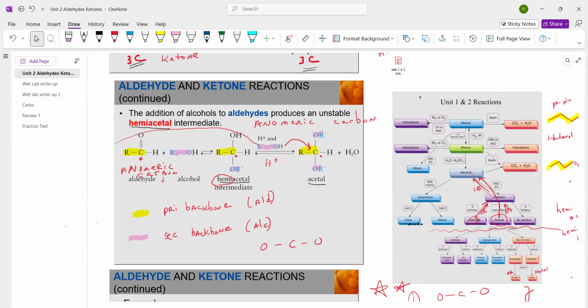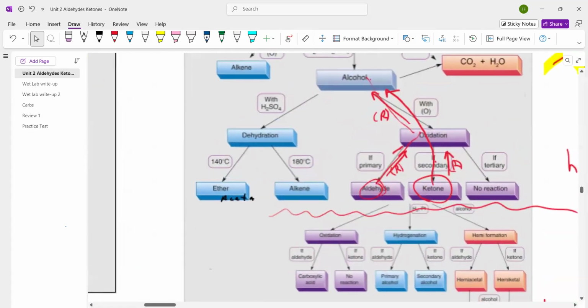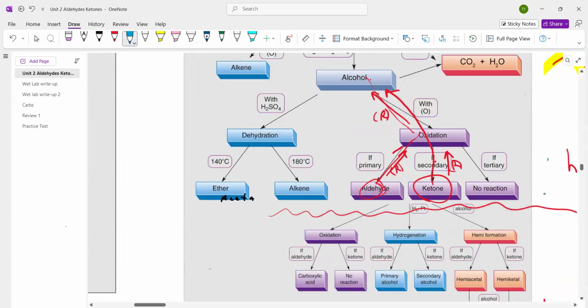And that is going on here. Okay, so this is the reduction. There's the oxidation.